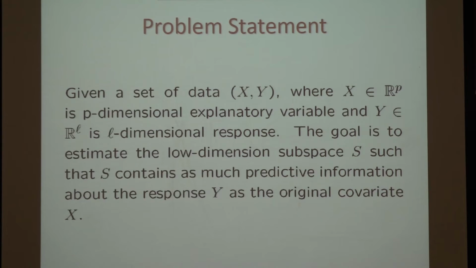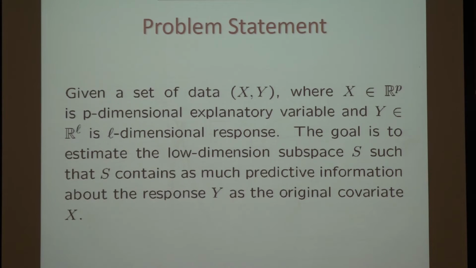We have a set of data (x, y), where x is from R^p, p-dimensional data, and y is from R^L, L-dimensional data. This is usually one-dimensional and categorical in classification, but the setup of the problem is more general.